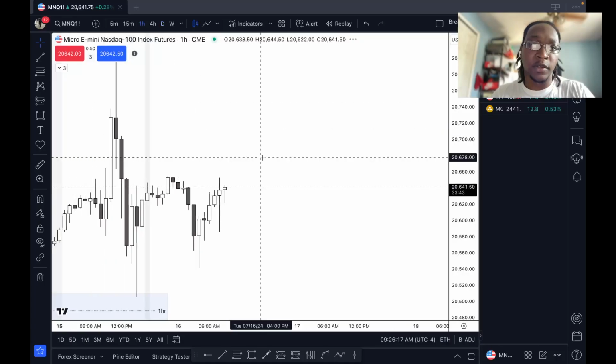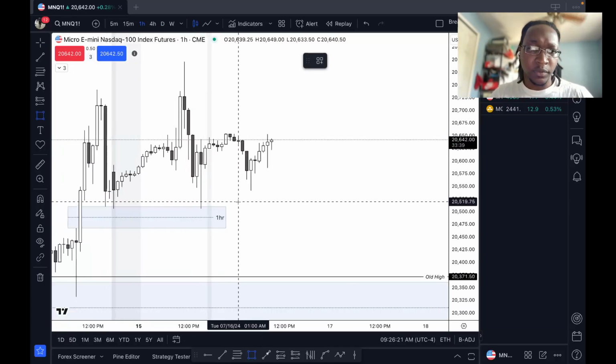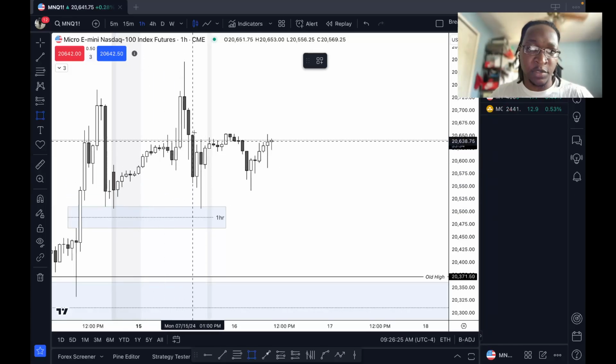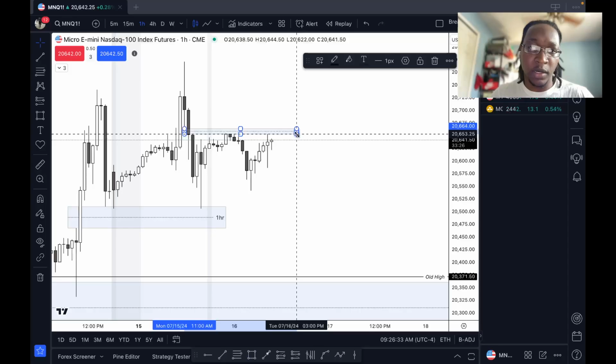So on a lower time frame, if price is truly bearish, which in this case our dealing range has been set from this high to this low, we have this fair value gap right here with some relative equal highs above it.